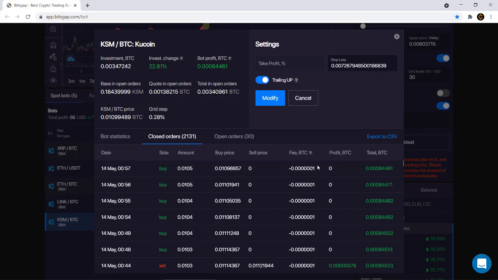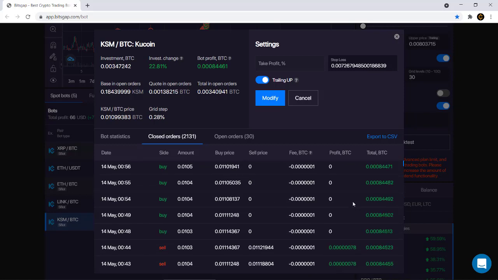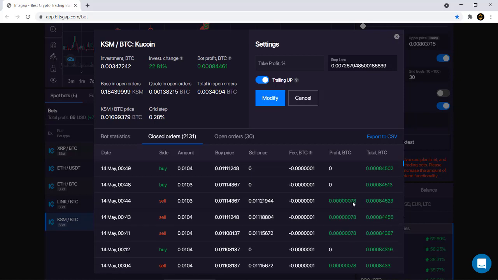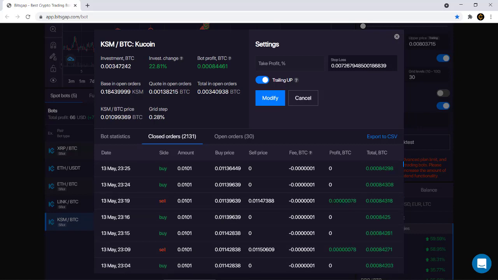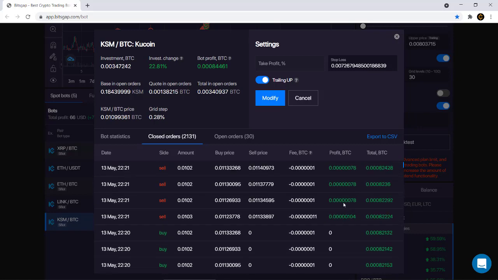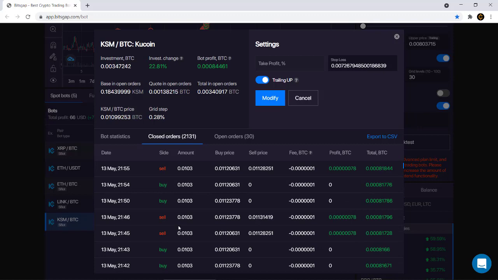When do we make the profit? When we sell it. And so over here, you can see it sells, and it's a profit of 0.0000078 Bitcoin. Right? It's a small amount, but all these amounts add up. Every time there's a sale, there's another little bit of profit. And you can see here 2142, 2145, 2146, 2127, 28, 2130.